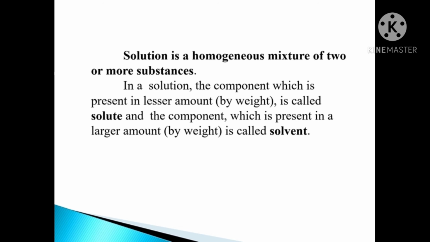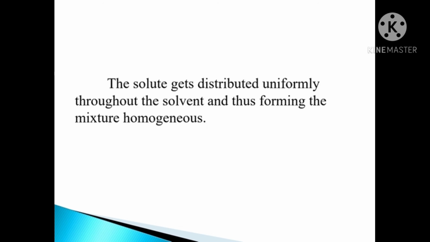Solute is the component present in lesser amount by weight. Solvent is the component present in a larger amount by weight. The solute gets distributed uniformly throughout the solvent, forming a homogeneous mixture.